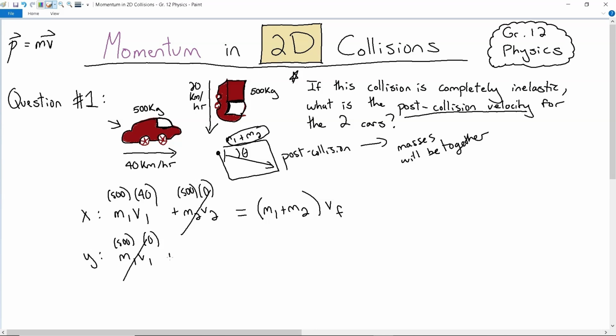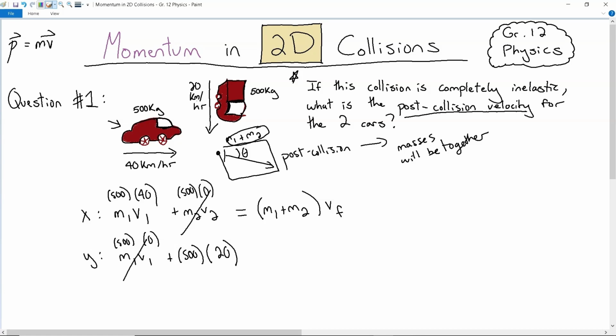And here we do have some y momentum. It's going to be 500 kilos times 20 kilometers an hour. However, I need to think of how I'm representing direction. Usually north will be positive and south will be negative.